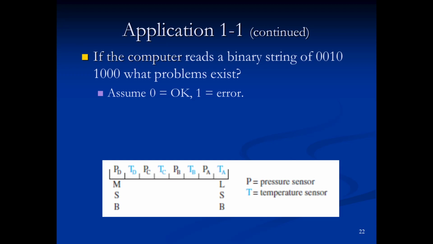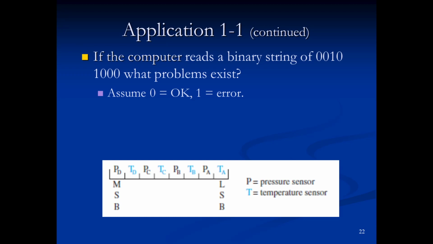We can make these 8 separate sensors into basically a binary string. And we can use that binary string, sometimes it's called a bit field, because it's just a field of bits with each bit indicating the status of something. And in this case, it would indicate the status of the particular tank and the pressure or temperature of that tank.